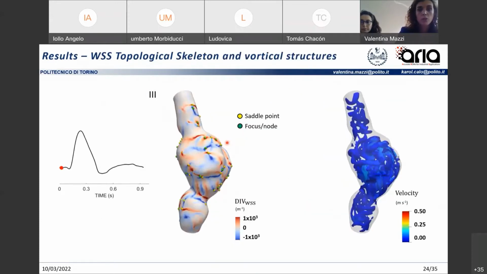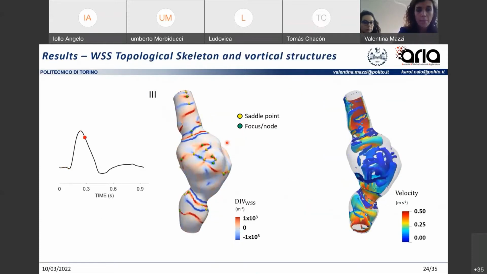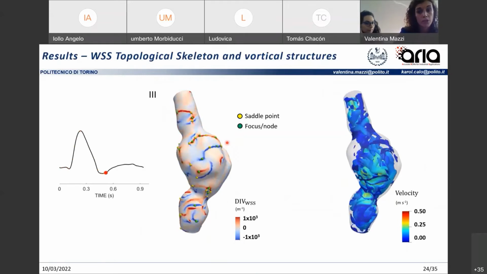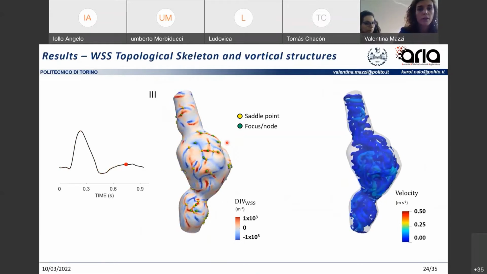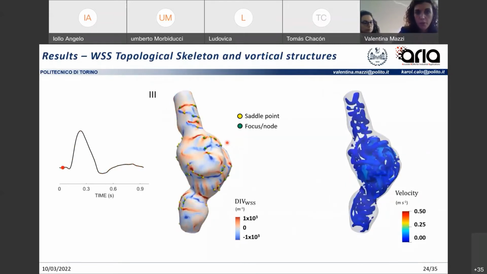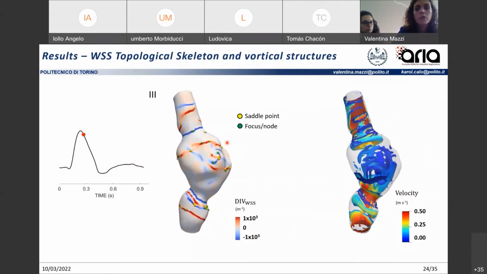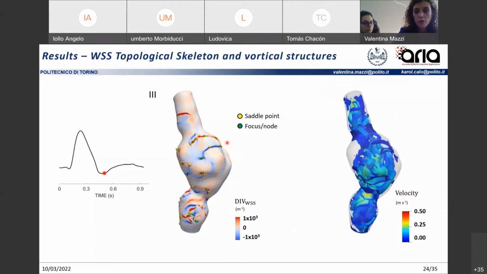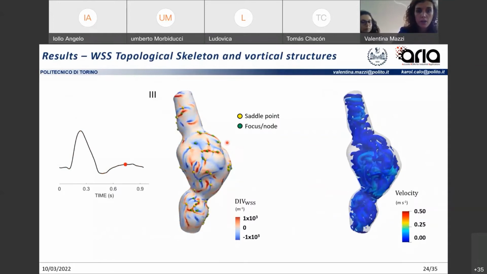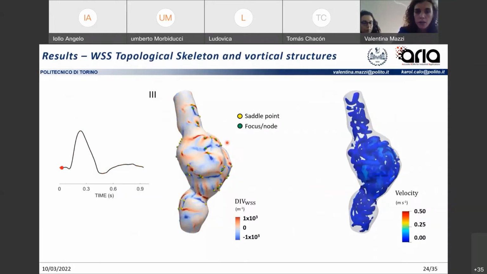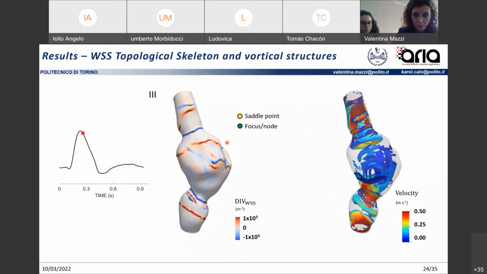So, to investigate the link between wall shear stress topological skeleton features and intravascular flow patterns, we performed an animation of vortical structures along the cardiac cycle by applying the Q criterion to velocity data.